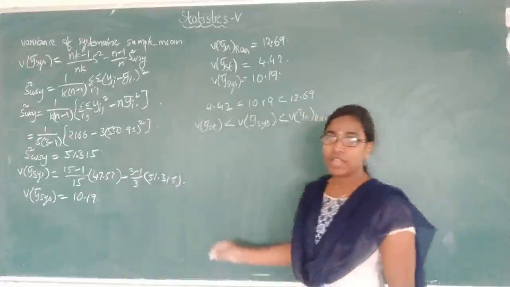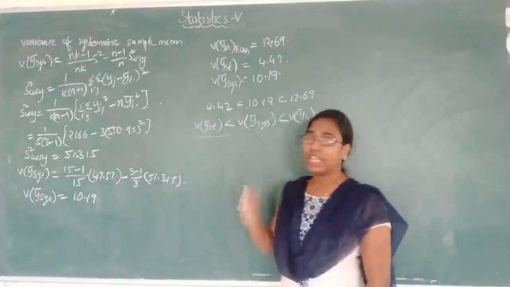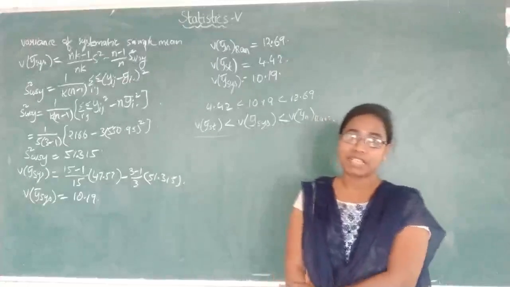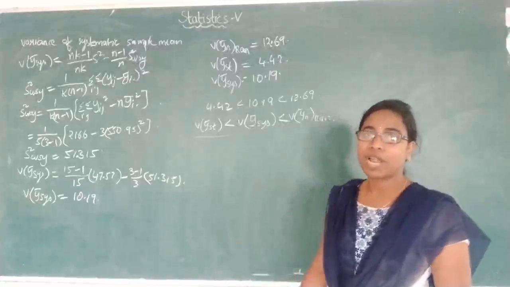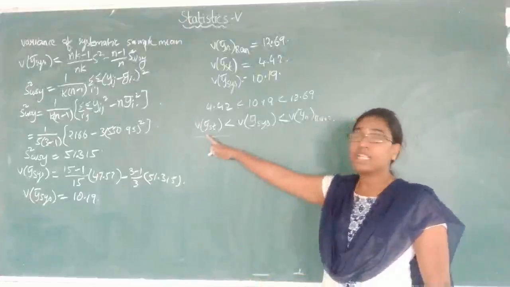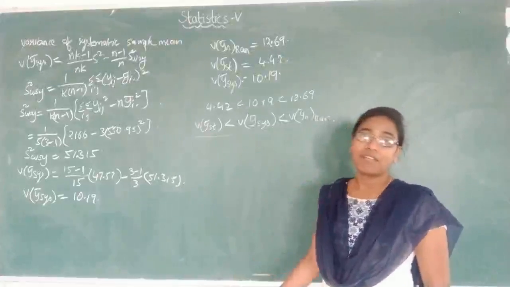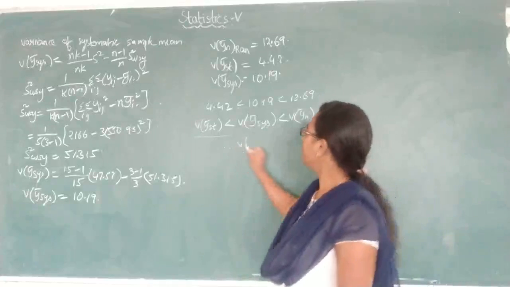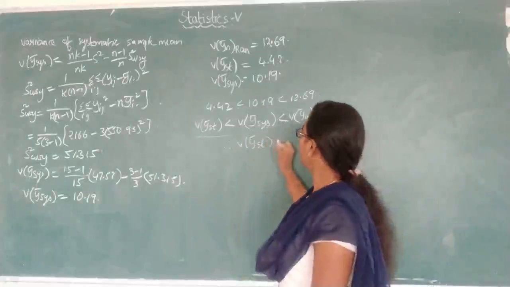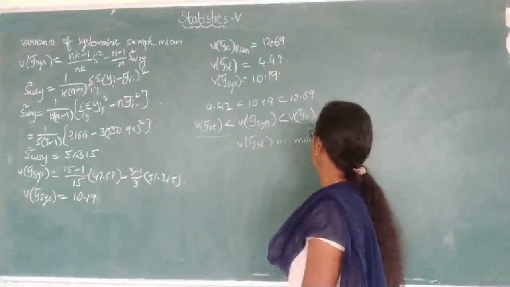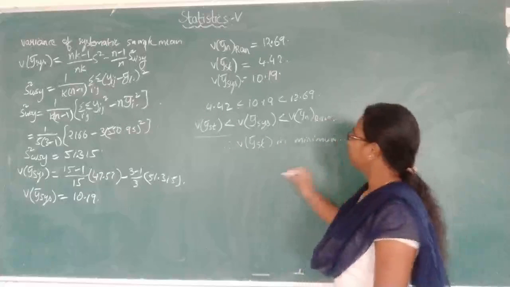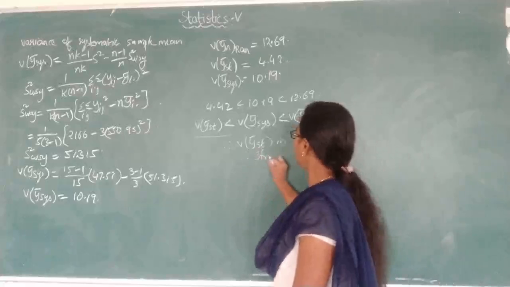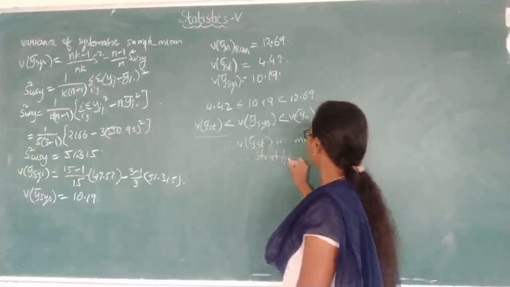So here if we observe, theoretically we proved this in the last class theorem, and if you observe in the practical problem also, the variance of y bar st is the minimum variance. So that means the variance of y bar st is minimum. Therefore, stratified random sampling is more efficient.